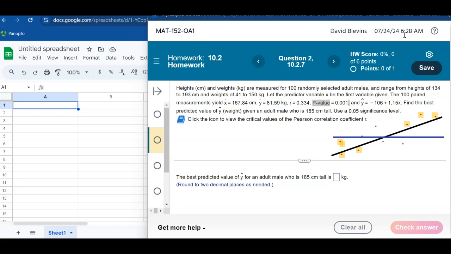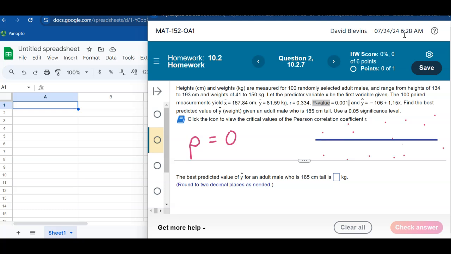That's why we use the line when the p-value is small, when the p-value is less than alpha. But when the p-value is greater than alpha and we fail to reject, that means the null hypothesis could be true, which said the correlation was 0. And if the correlation was 0, then the data set would be all scattered, and the line of best fit would be virtually horizontal, because r is part of the calculation of the slope of that line.